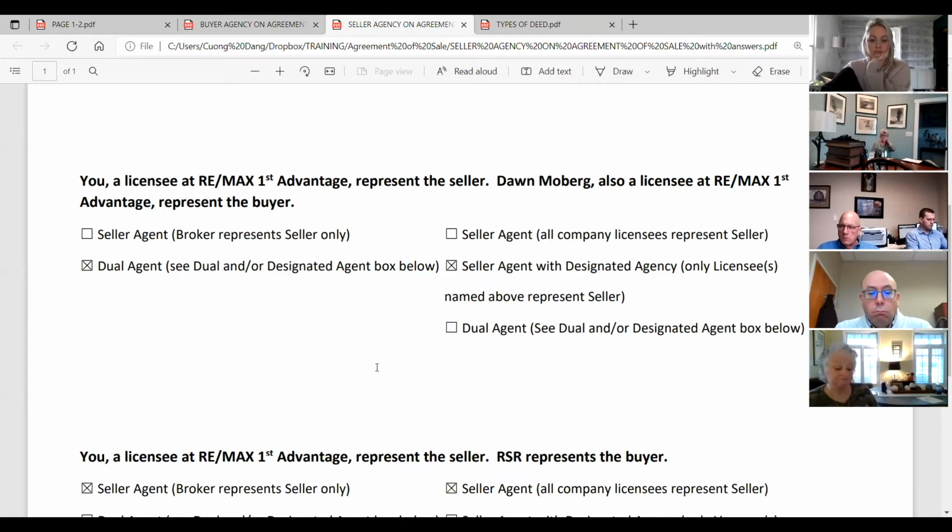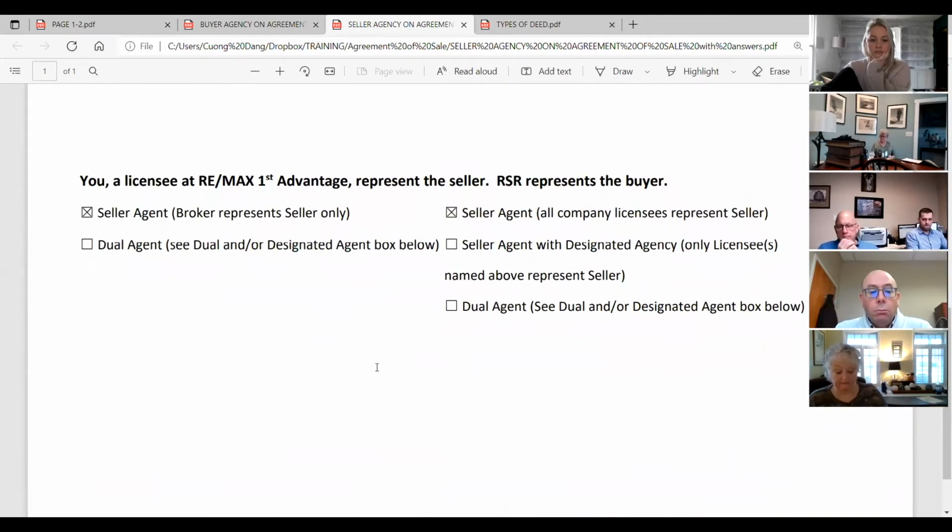And then the last scenario, you, a licensee at RE/MAX First Advantage, represent the seller, and RSR this time brings you the buyer. So this time you are the seller agent for RE/MAX First Advantage. And then on the right side, the licensee is a seller agent.